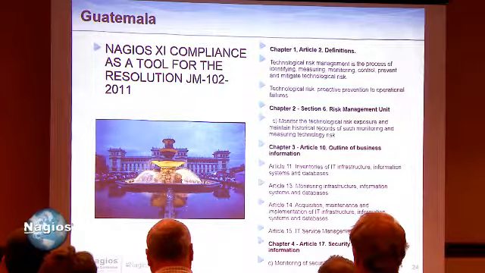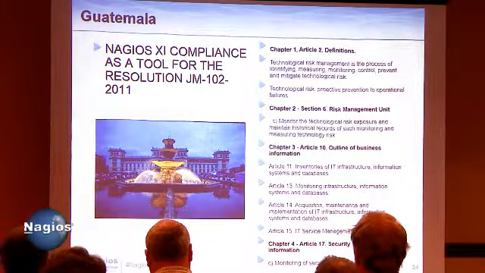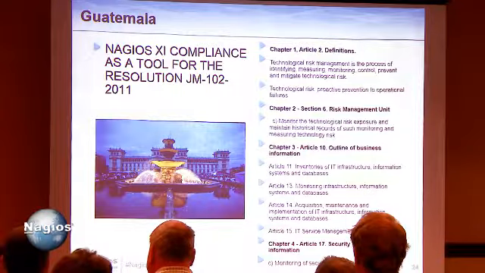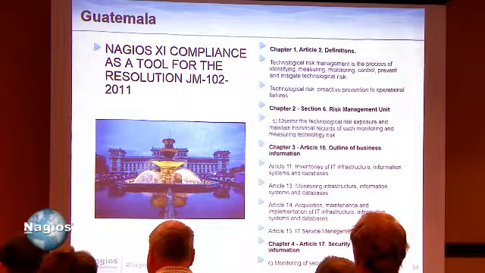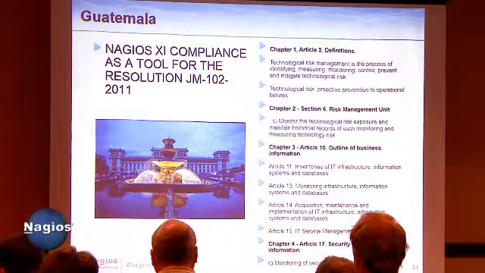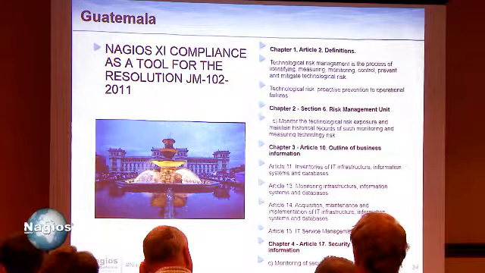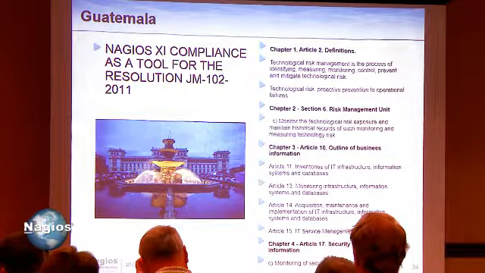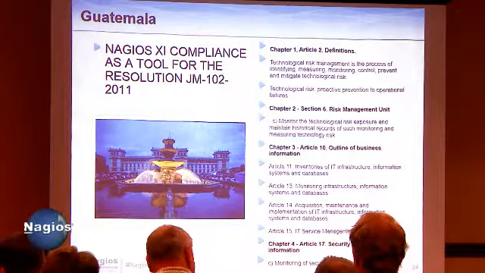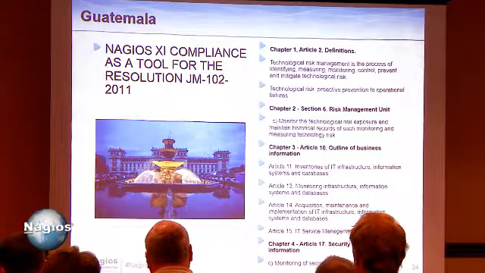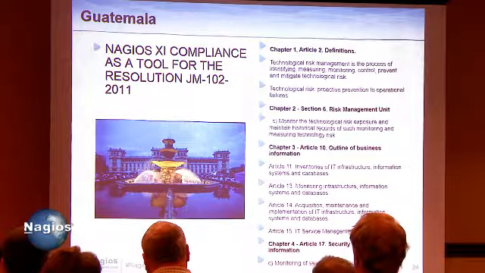With Nagios we can maintain historical records because Nagios keeps all information for 1 year, 2 years, 3 years, and I can see in the reports the availability of a server. For example, I have a website server. I need to know the high availability, I can see the history records, and we can comply with this chapter.